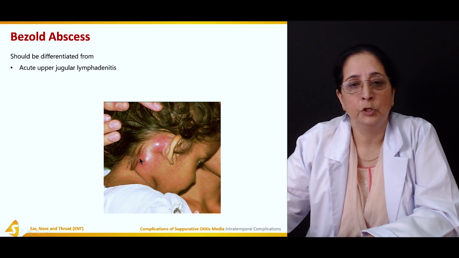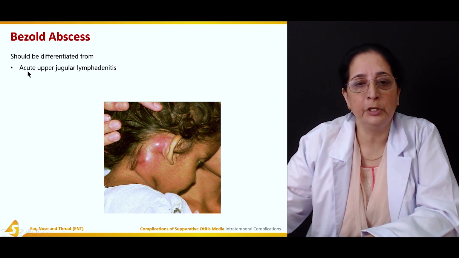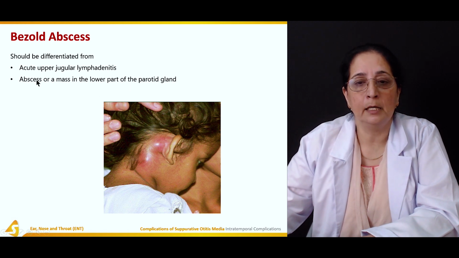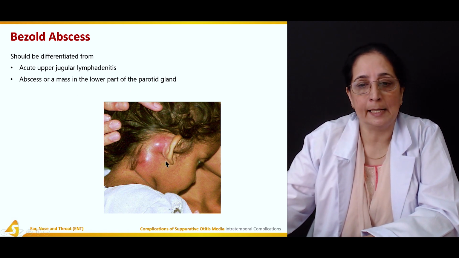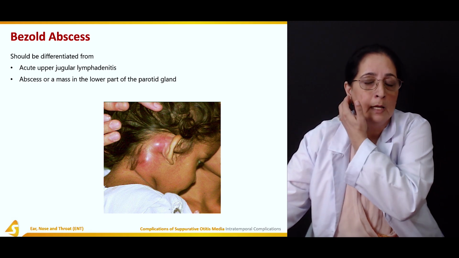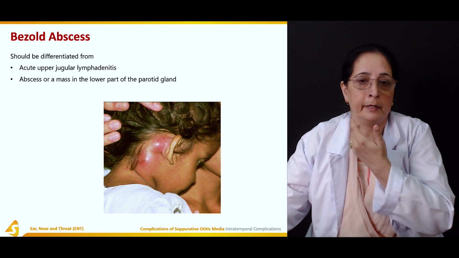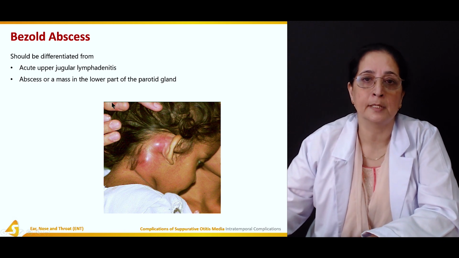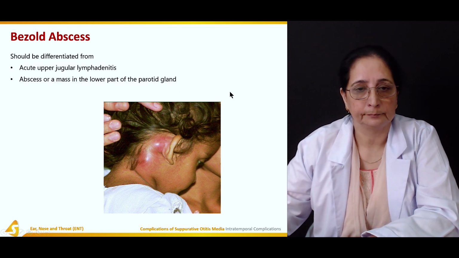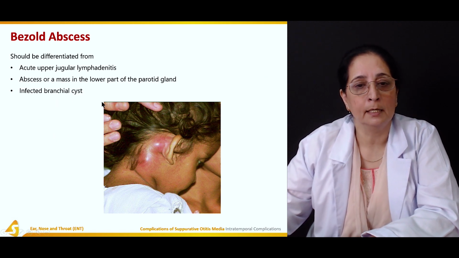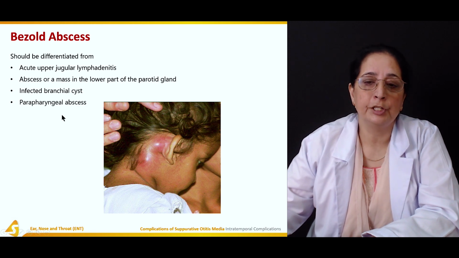It should be differentiated from acute upper jugular lymphadenitis, abscess or mass in the lower part of the parotid gland. Parotid glands are also in the neck, and when they are swollen, it involves roughly the whole area. So it should be differentiated from the enlargement or abscess in the parotid gland, infected branchial cyst, and also parapharyngeal abscesses.